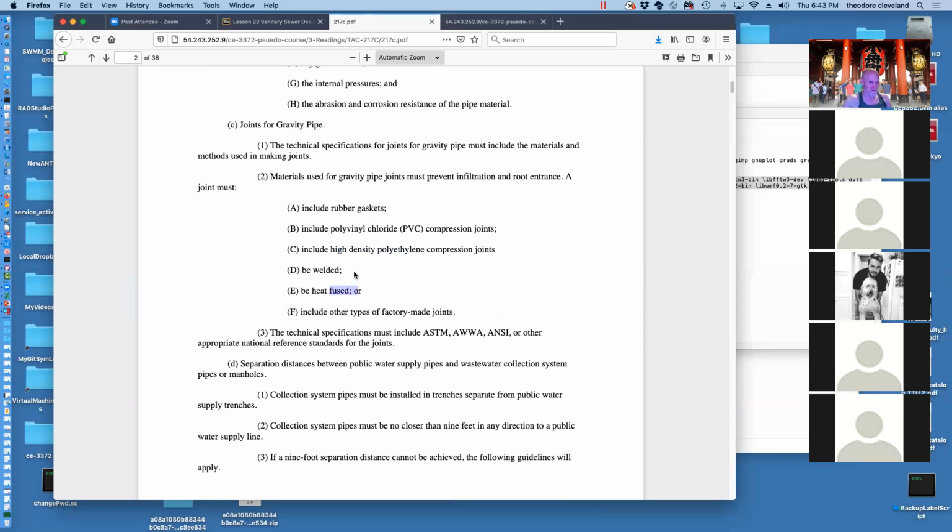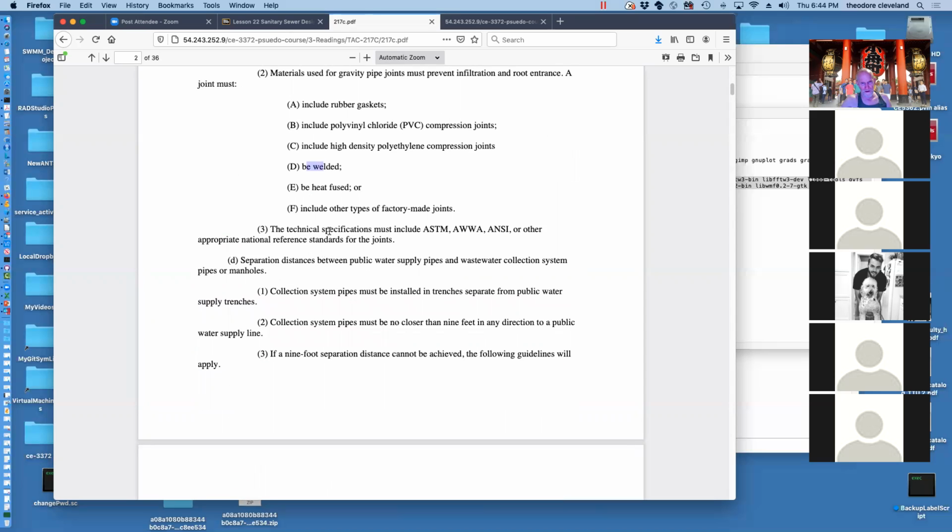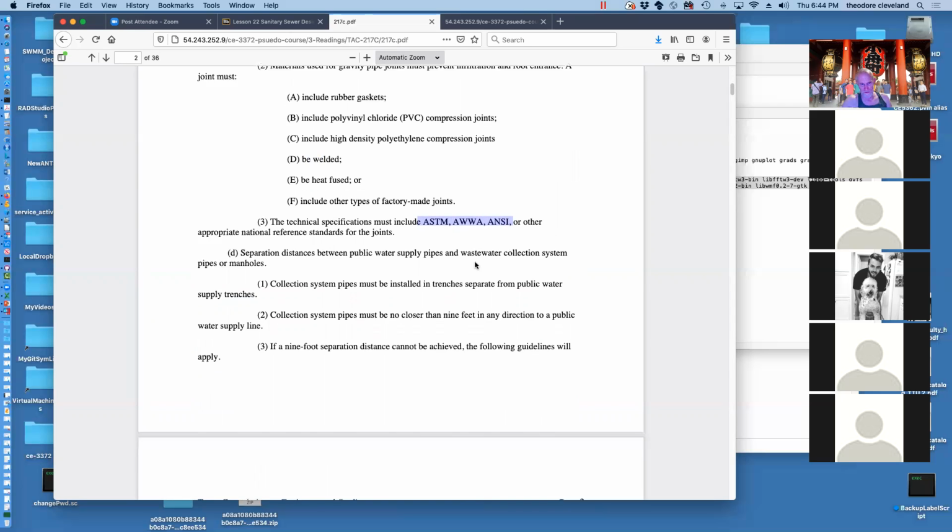HDPE is usually heat fused. PVC is solvent welded, and although it's rare, a steel pipe could just be stick welded. It lists the technical specifications that have to be adhered to for the different parts of the sewage pipe system.